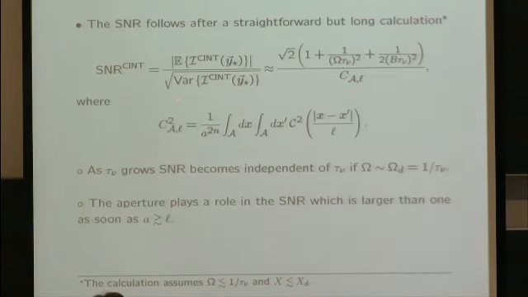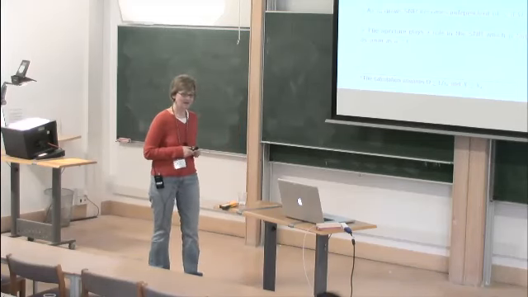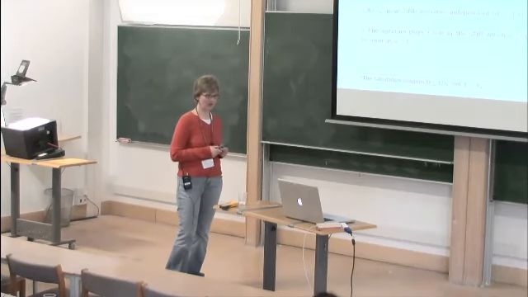This other term contains the correlation length, and that's where the decoherence length comes into play. Looking at this expression, you can draw the following conclusions. First of all, the signal-to-noise ratio of this method is very different from the one we had for Kirchhoff migration.